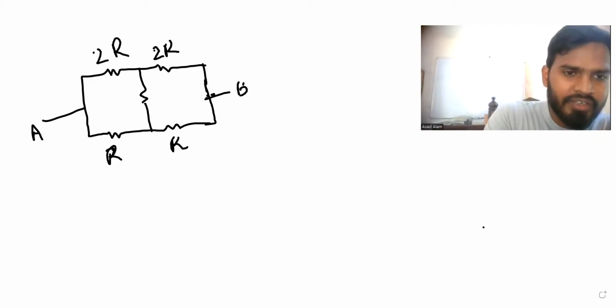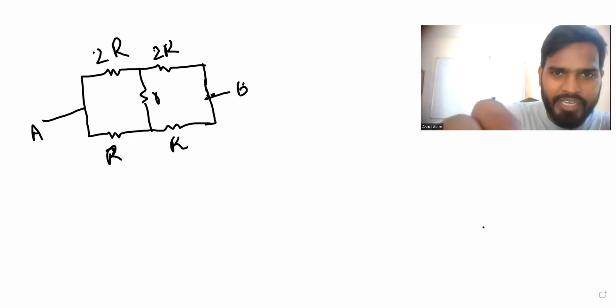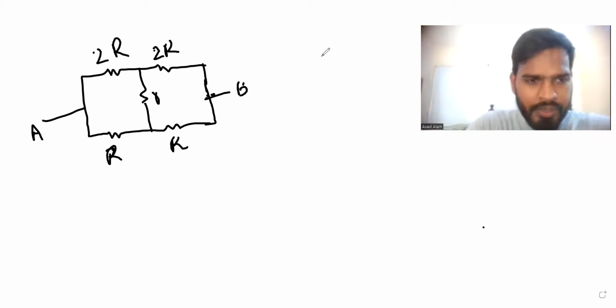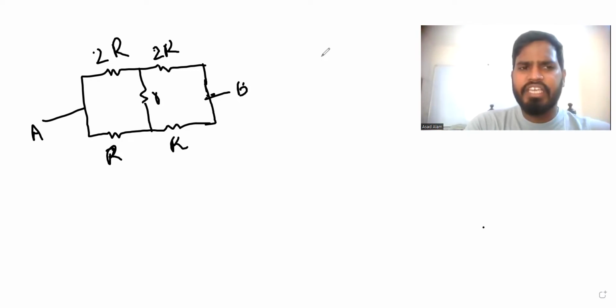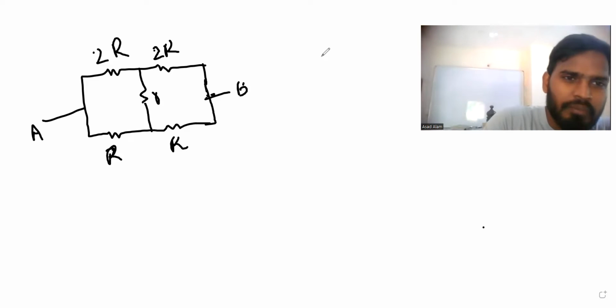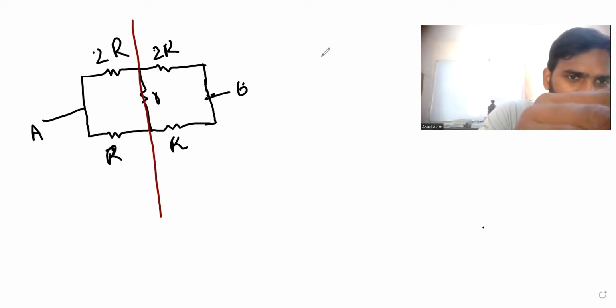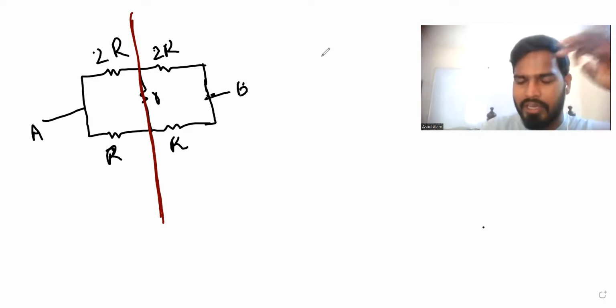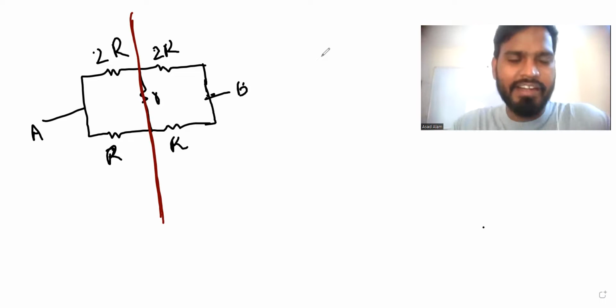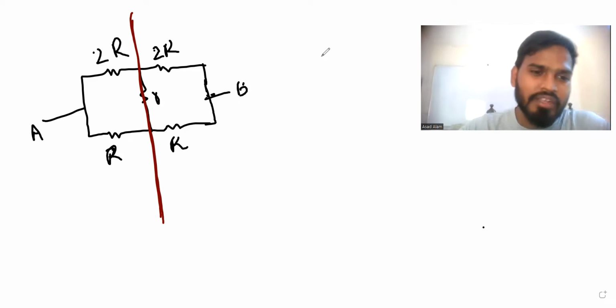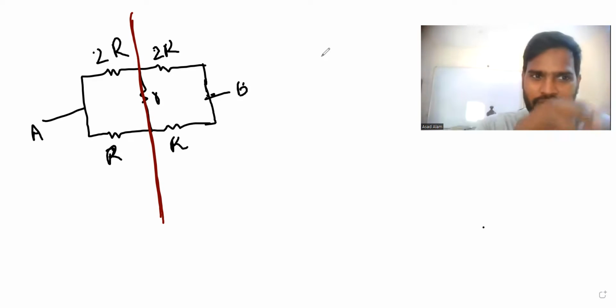Not directly a symmetry, I am saying the mirror symmetry now. So if you put a mirror here, let's consider this red line is a mirror. Now if you keep a mirror of red color, this is 2R, of course this is also 2R.